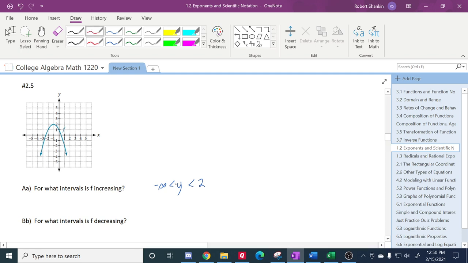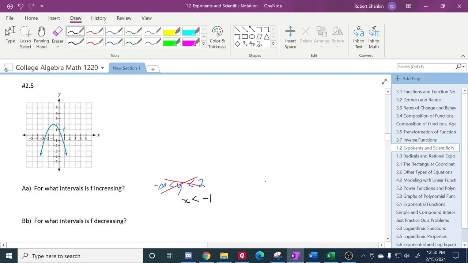We can't do intervals along the y-axis. You have to pick your interval along the x-axis. Now, the quickest, easiest way to state this is x. You don't have to put from negative infinity. You could say just x is less than negative 1.